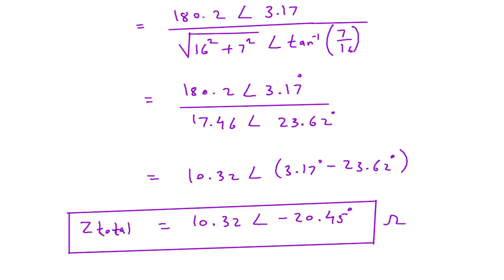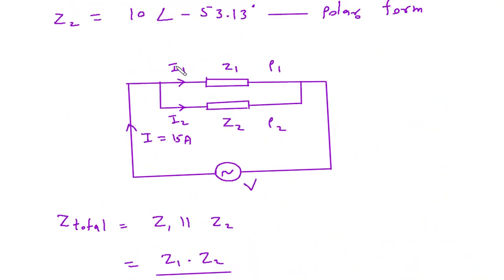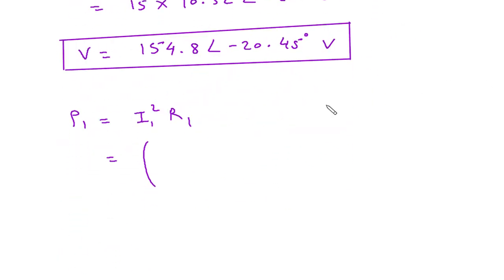First of all we have to find the value of I1. So I1 will be V upon Z1. So V upon Z1, and its square, into R1.